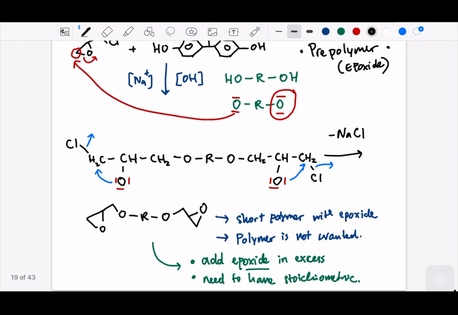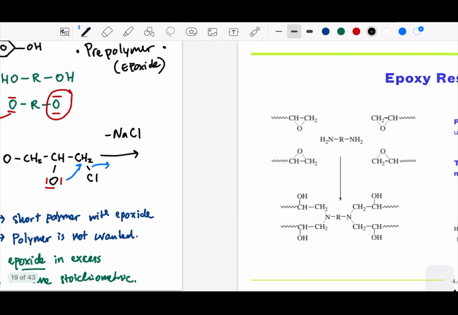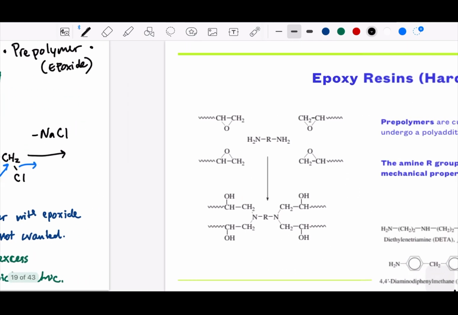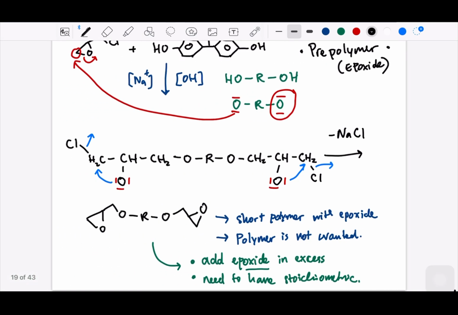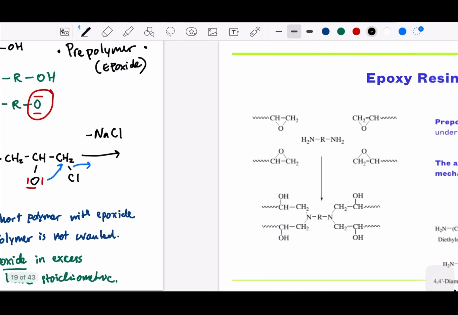And then we see the hardener. The hardener will take the amine functionality to take the reactions. So this first part is preparing the polymer, the resins, the epoxide. The second step is the hardener.